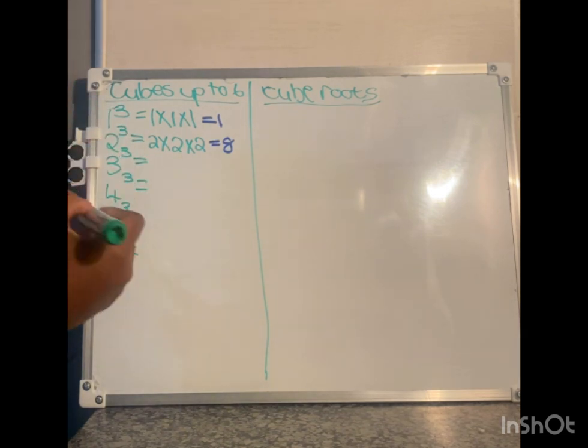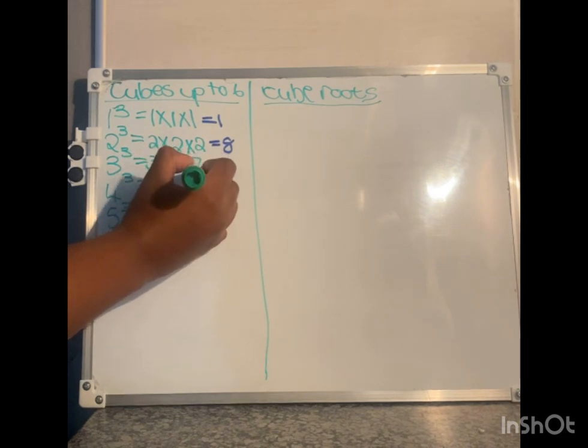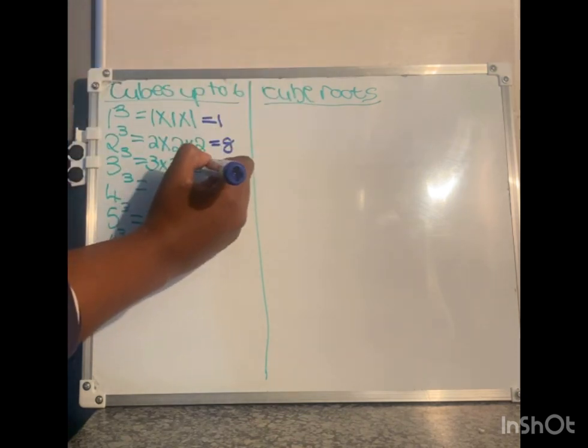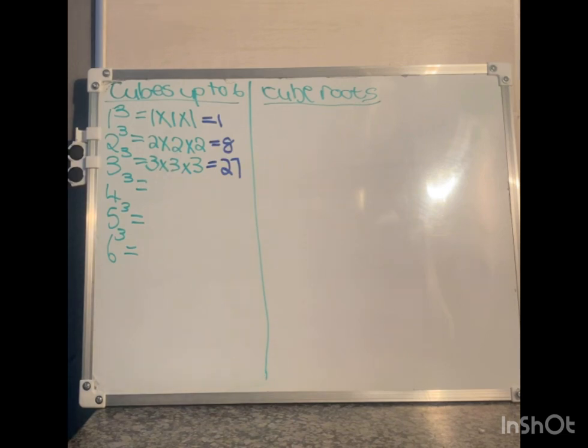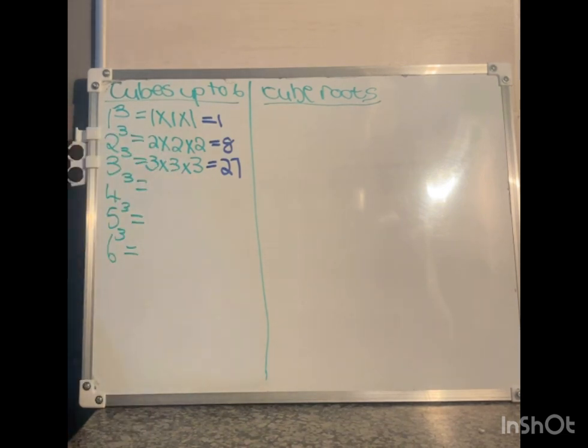And then 3 cubed is 3, a number, multiplied by itself again and again, which equals 27. And then we have 4 cubed.